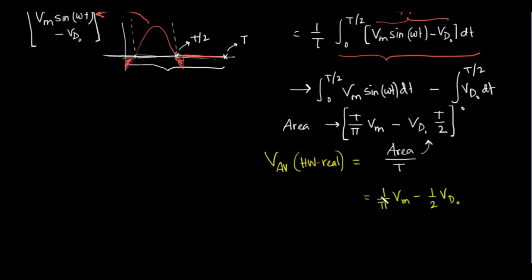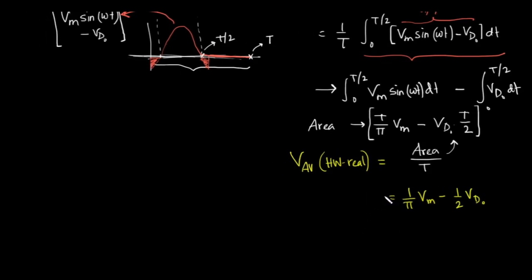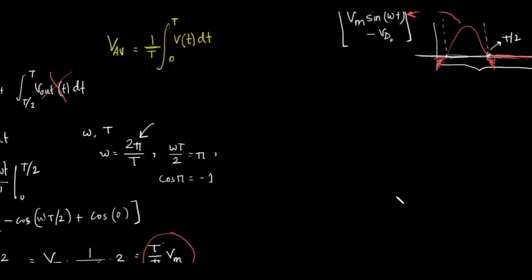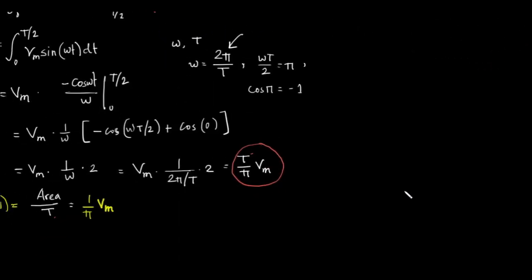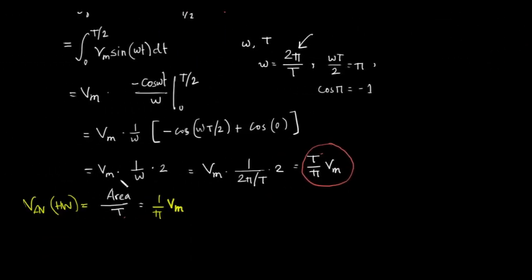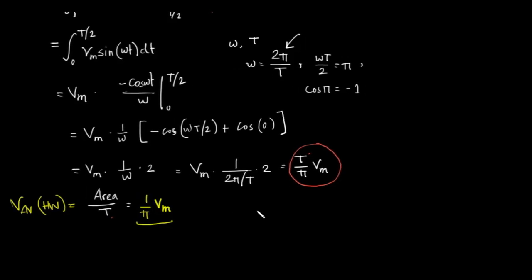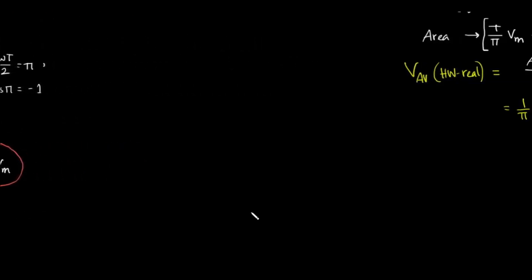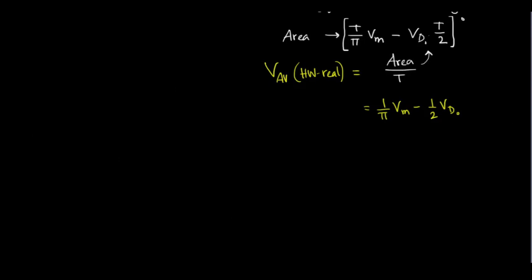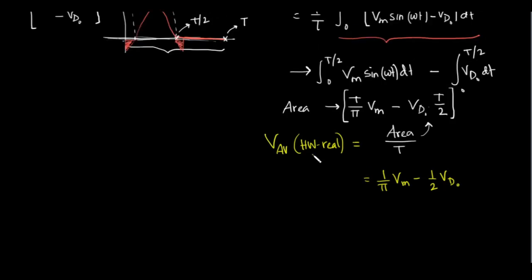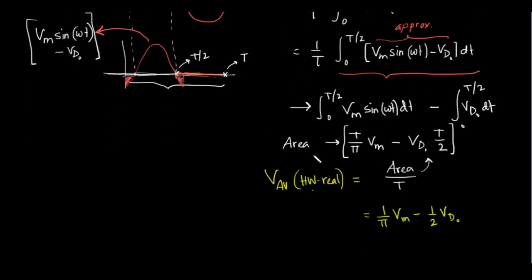Okay, simple as that. So what is the difference between this expression and our previous expression? Previously we had 1 by pi Vm, considering ideal diodes. For an ideal diode, the forward voltage drop is 0. If we introduce a real diode, we will get a half Vd naught amount of forward voltage drop.